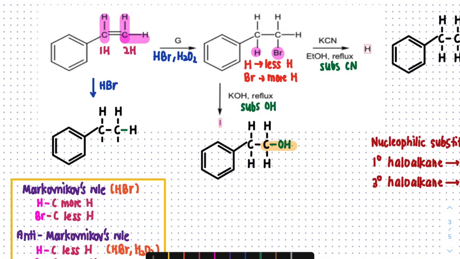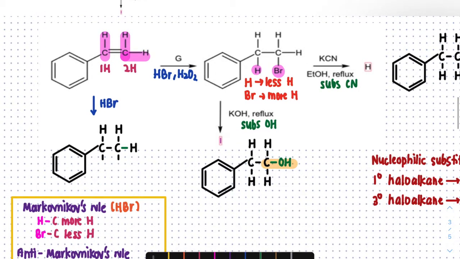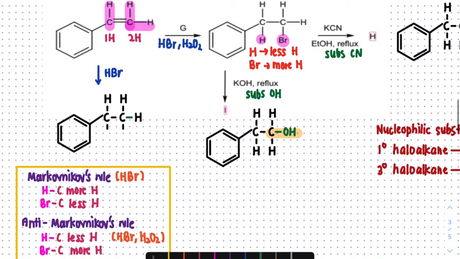But let's look, just an extra question. What is the difference? This is what HBr with H2O2 gives. If we add just HBr, remember, HBr must follow Markovnikov's rule. Hydrogen must be added to the carbon with more hydrogen, so here we add hydrogen and here we add bromine.